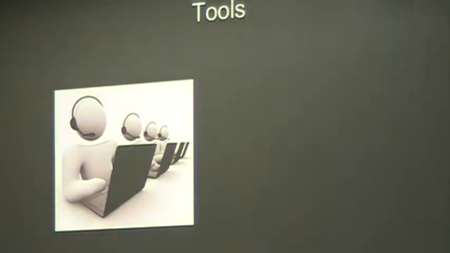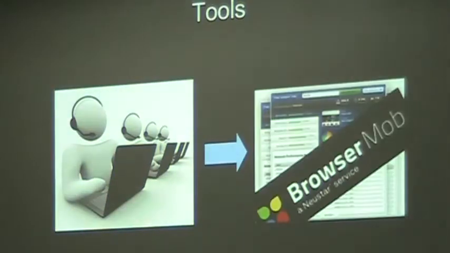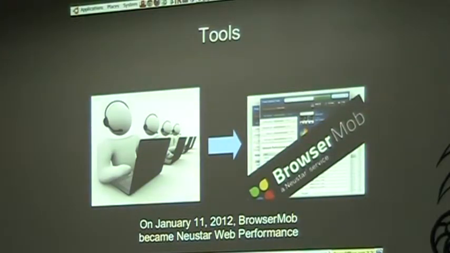Next, our tool we use in Friendster is BrowserMob. Anyone of you guys use BrowserMob? Okay. It's no longer called BrowserMob. Last January, it's now called NeuStar Web Performance, but we still call it BrowserMob. Because yeah, it's more spiffy. They can charge more with the name.